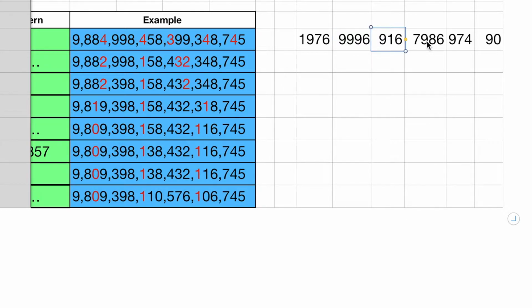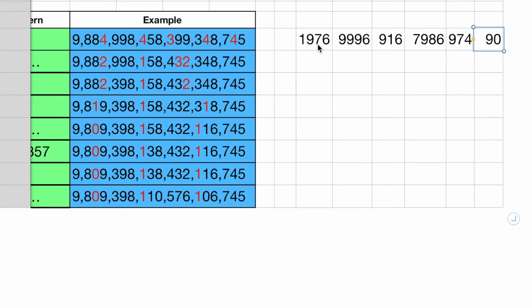Fourth part is 3993. 3993 times 2 is 7986. Fifth part is 487. 487 times 2 is 974. And the last part is 45. 45 times 2 is 90.